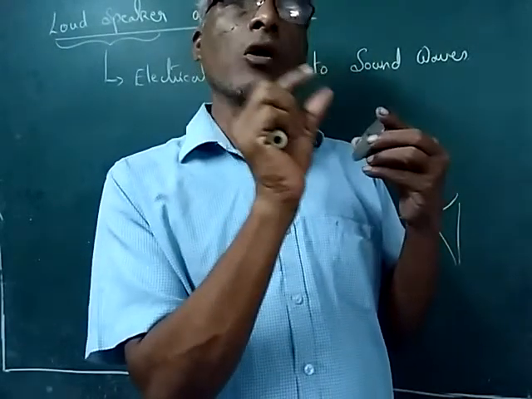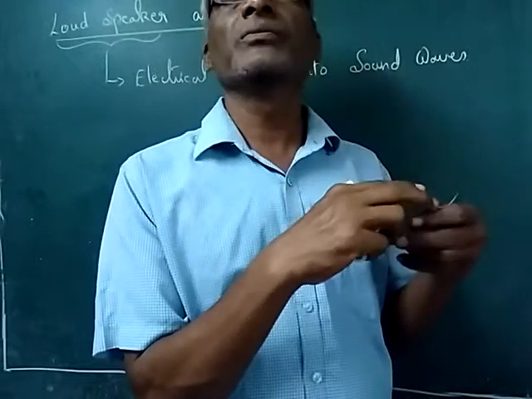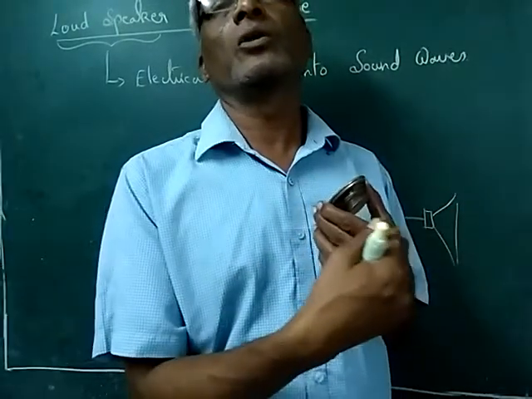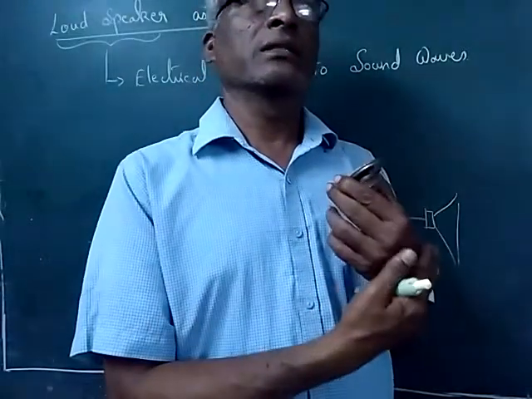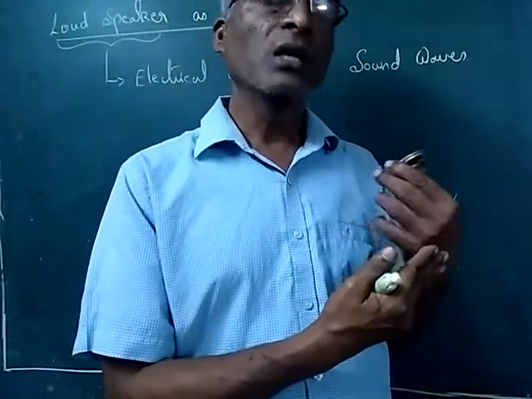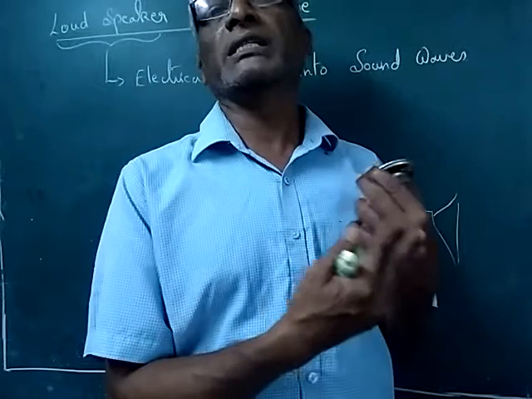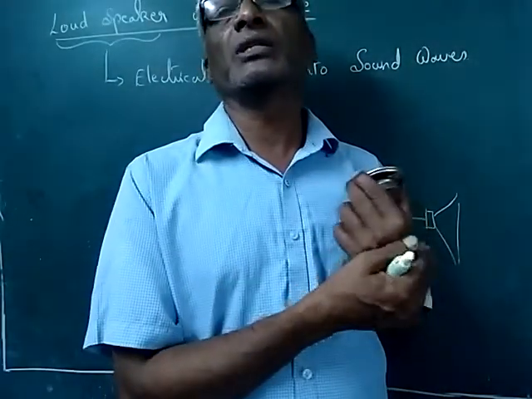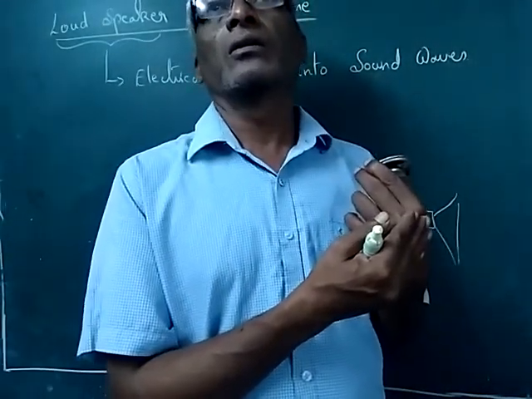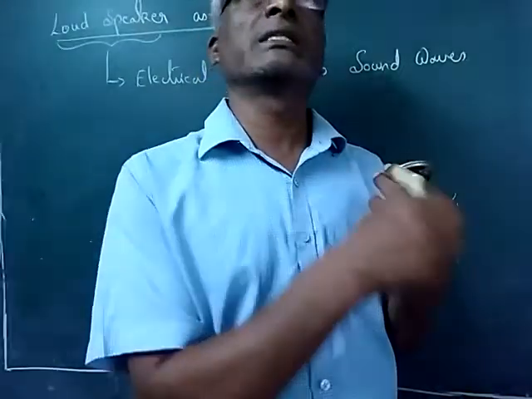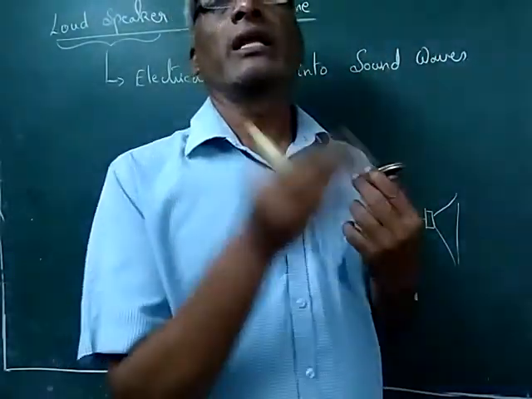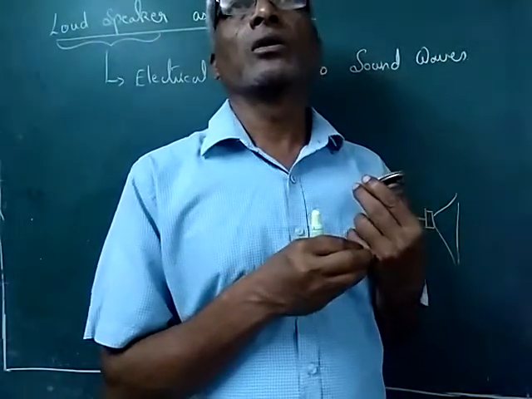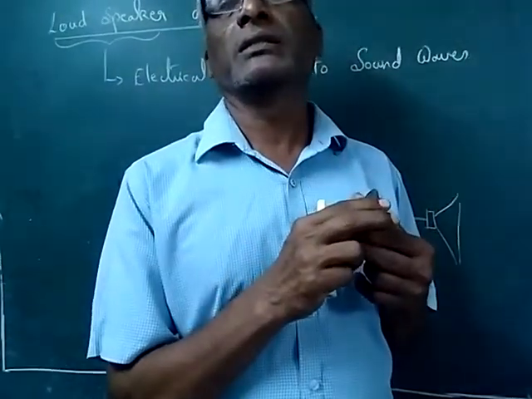So when it oscillates, it will produce voltage, because we all know that when a conductor cuts a magnetic field, or a magnetic field cuts a conductor, an EMF is induced in the coil or the conductor.